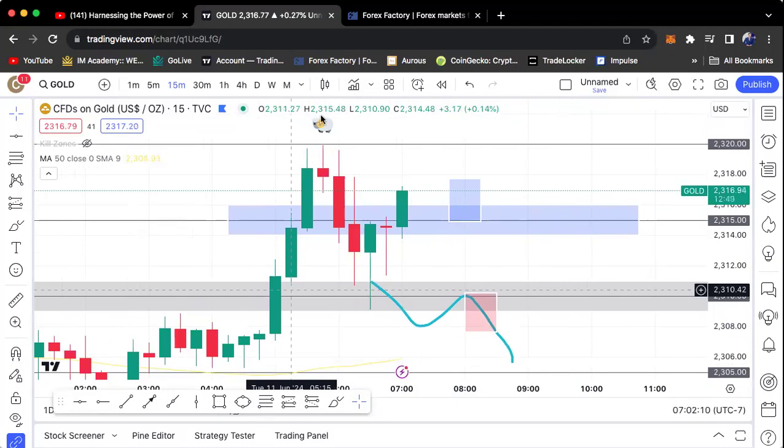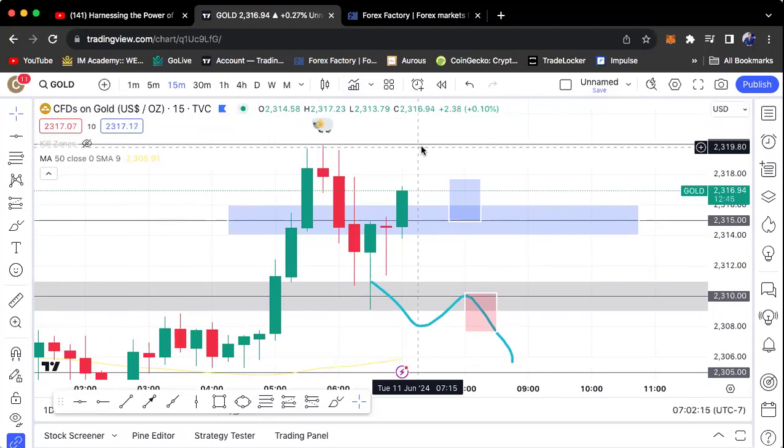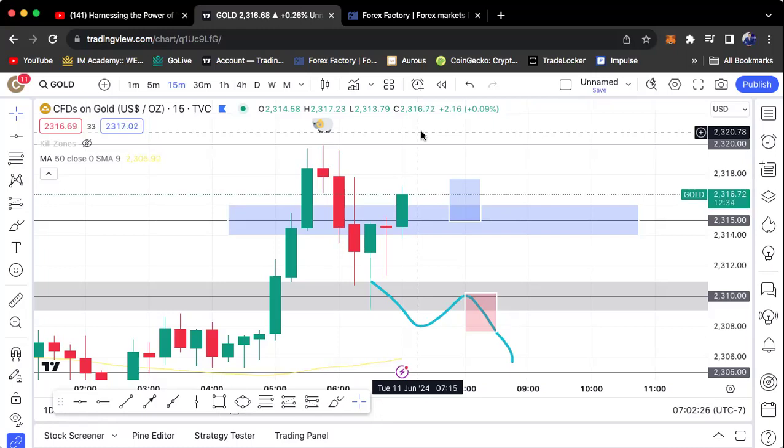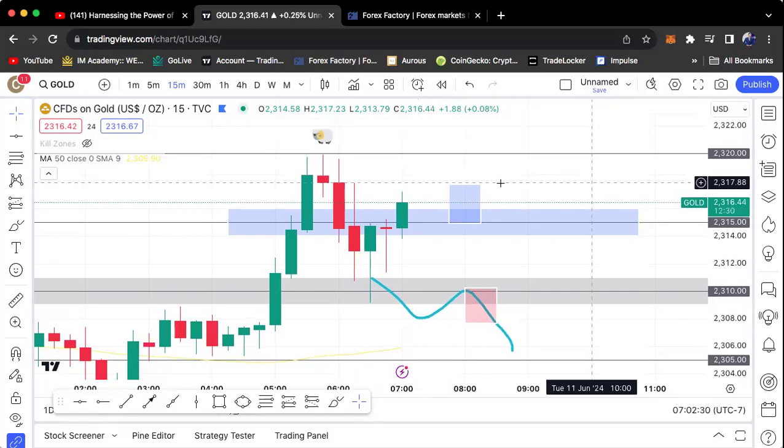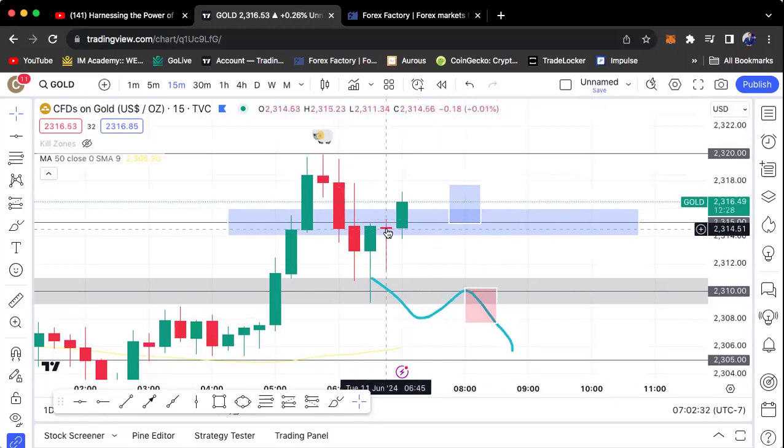Whatever happens at the micro scale is going to affect what happens at the bigger scale, because all these time frames correlate with each other. It all adds up. It's like small building blocks that paint the big picture.